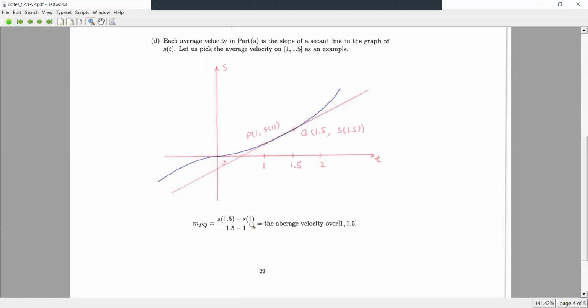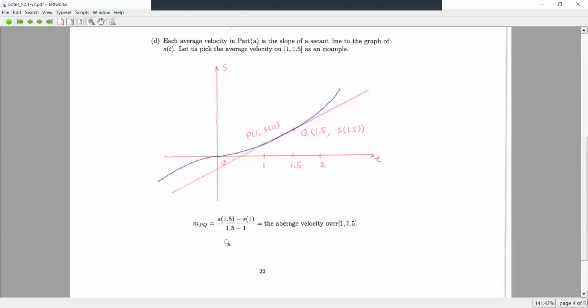The numerator of this quotient is the distance traveled by the car over this time interval, right? Position of the car at 1.5 minus position of the car at 1. This is the distance traveled by the car over this time interval.